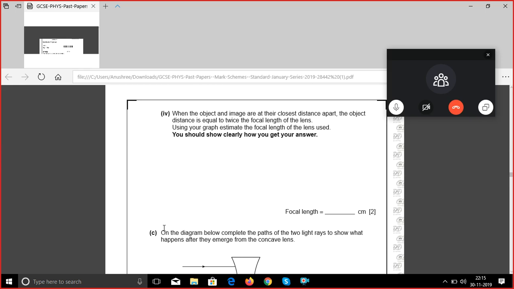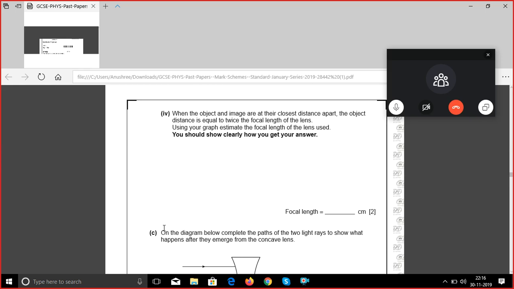Okay, so it's the closest distance apart at 40 and 80. Yes, the points are 40 and 80. And the object distance is equal to twice the focal length of the lens.